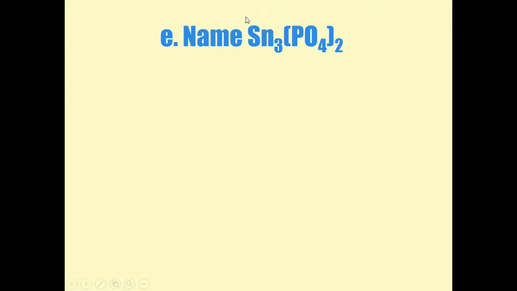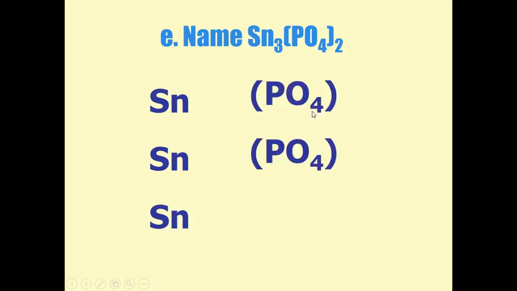So we need to determine the charge for Sn in this case. So how are we going to do that? The same way we did all the other ones. We're going to use the anion to help us determine the charge. We know that we have 3 tins. We have 2 phosphates. We know the charge of phosphate is a -3. We have 2 of them.